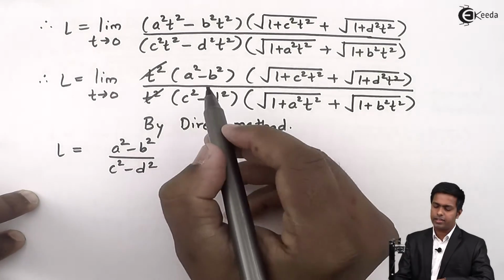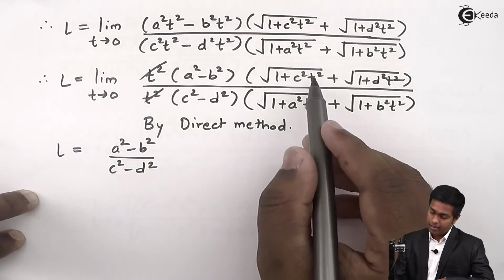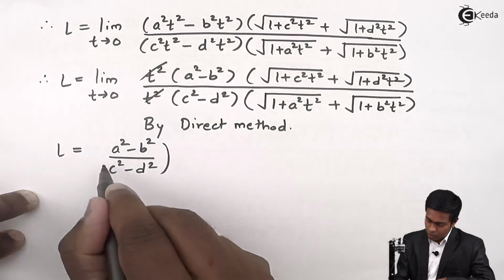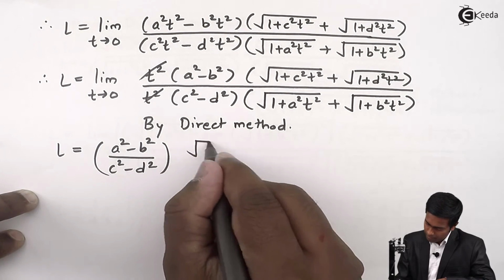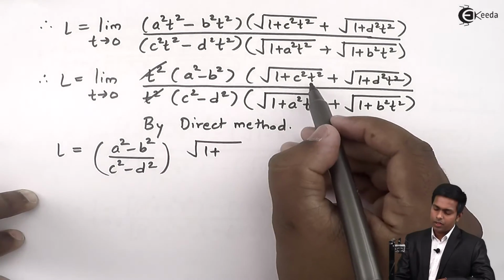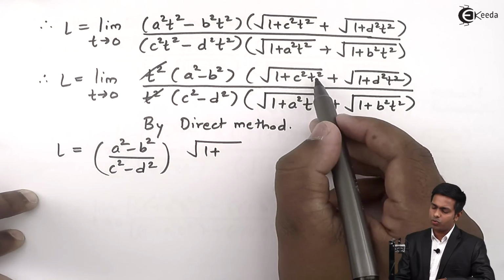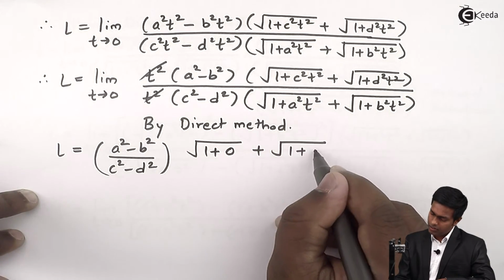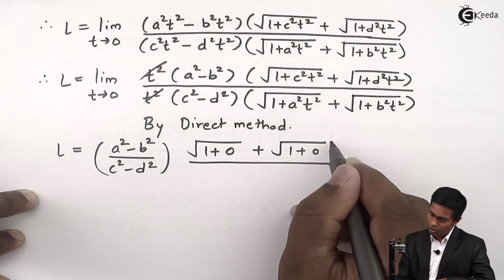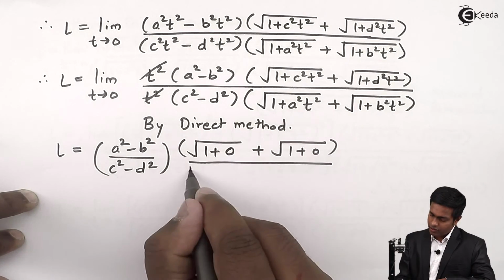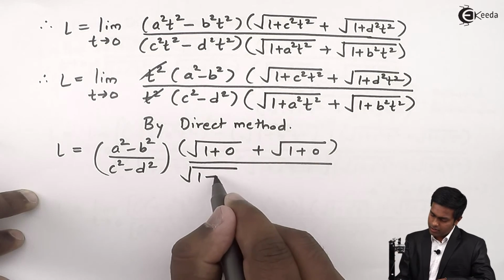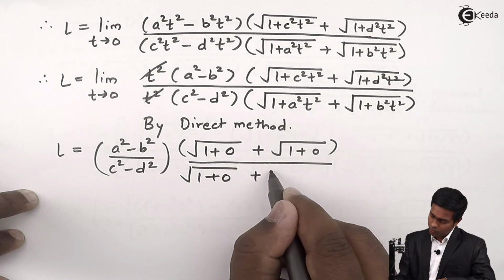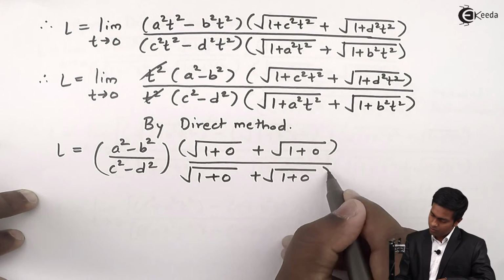Since it does not have any t term, this will become square root of 1 plus t square will become 0 square, so 0 plus square root of 1 plus 0 upon, here we'll get square root of 1 plus 0 plus square root of 1 plus 0.